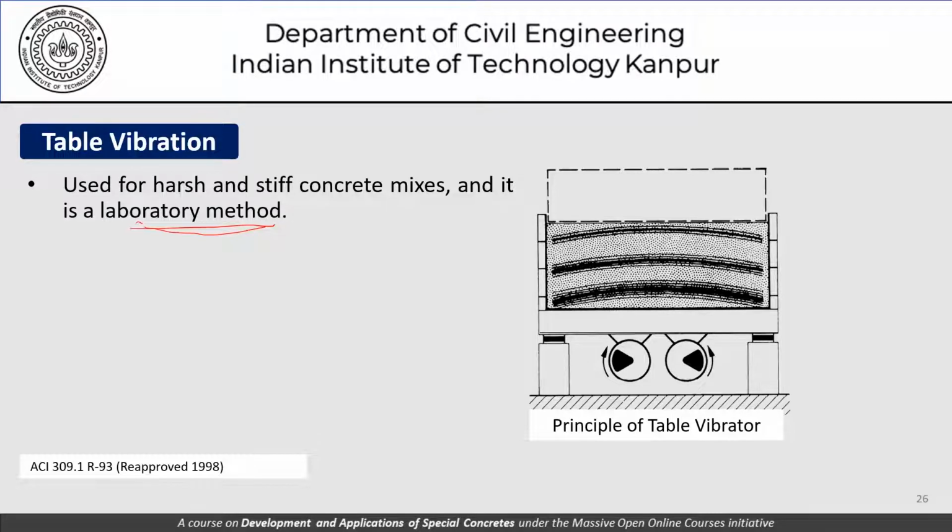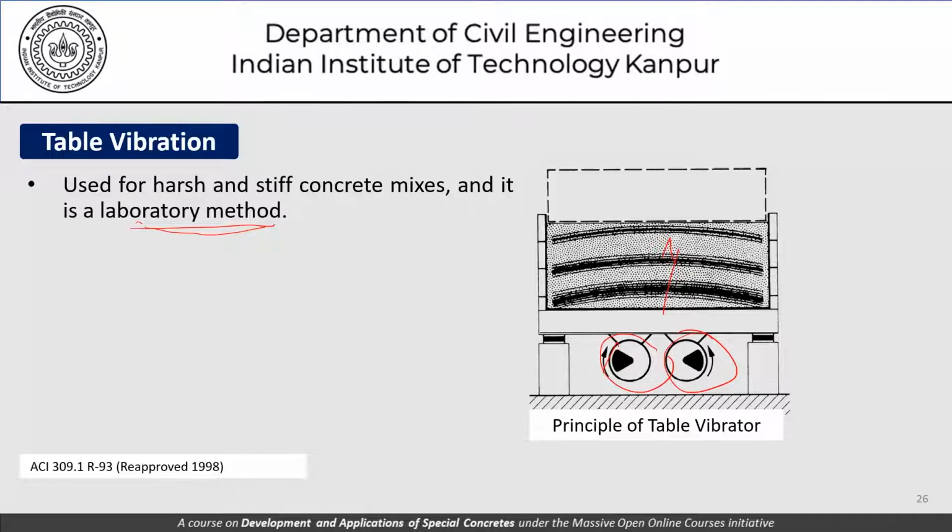This picture illustrates the principle of a table vibrator. We have the motors here operating in opposite directions, transmitting to the concrete a certain amount of waves propagating through it, resulting in a consolidation of the mix.